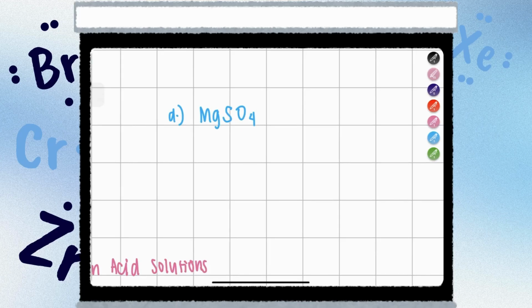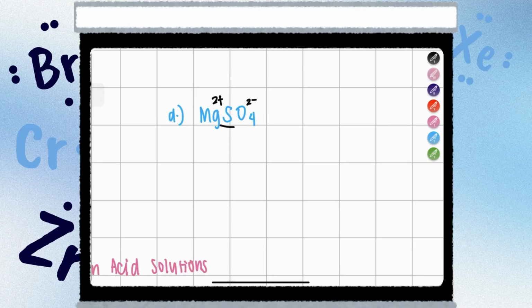Next, we have MgSO4. Now we are looking for the oxidation number of sulfur. So magnesium, it has a positive 2 charge, and oxygen has negative 2 charge.